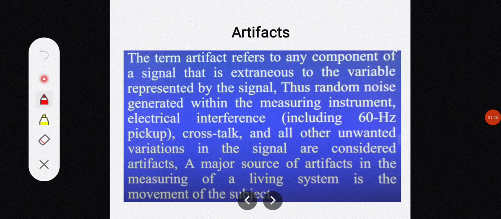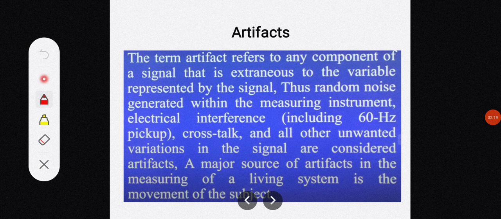What I am trying to say is that you have used a transducer to measure a physiological variable. Now because of the random noise generated within this measuring instrument, or because of electrical interference or other unwanted variations, the signal that is the output of this measuring device contains some extra component.